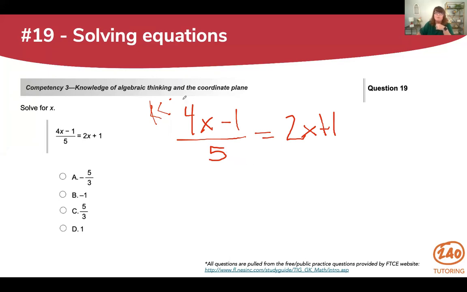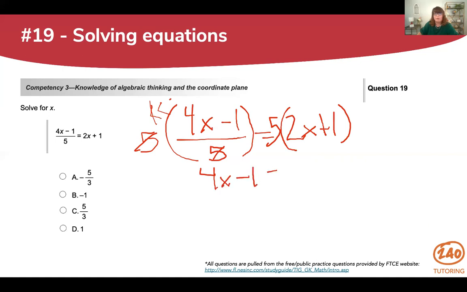So if I'm dividing by 5, I know the inverse would be to multiply by 5, and that will cancel this out. Also means I'm going to multiply this whole expression by 5. So I'm left with 4x minus 1 equals 5 times 2x plus 1.